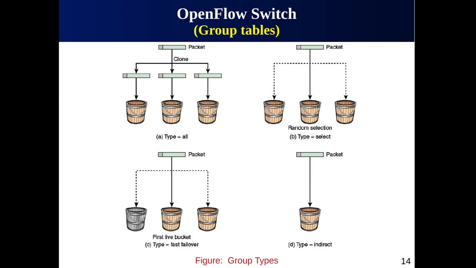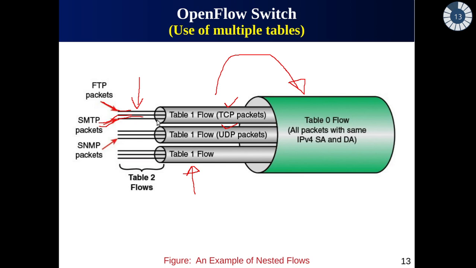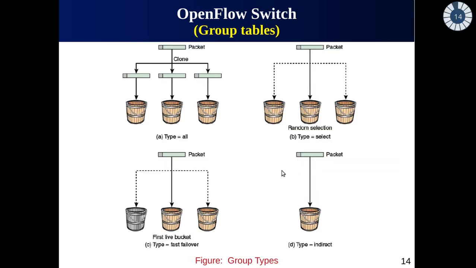As you can see here, we are forwarding from one flow table to another flow table and then another flow table, but sometimes the case could be like this. We need to direct the flow of packets to the group table rather than another flow table.